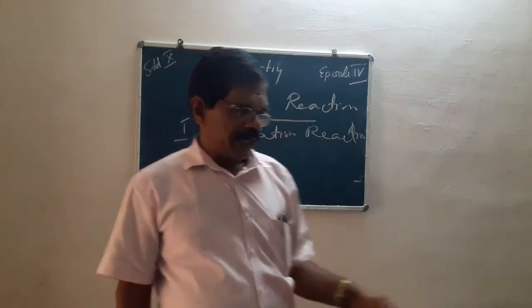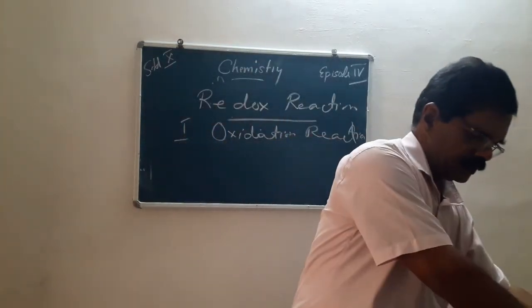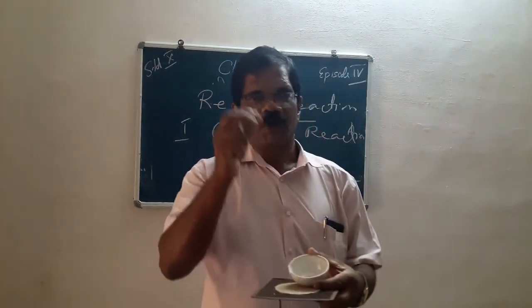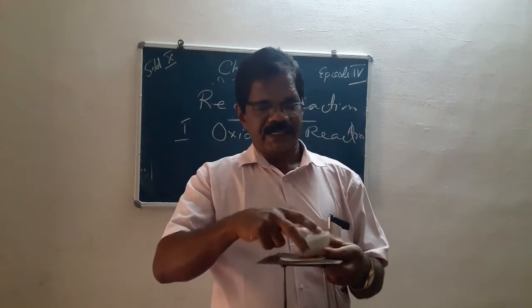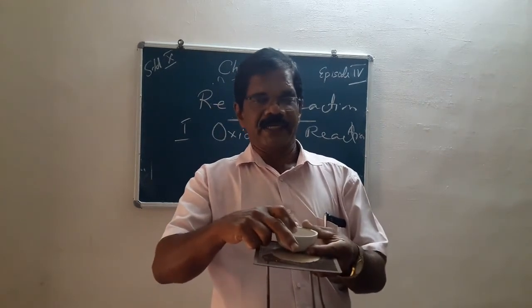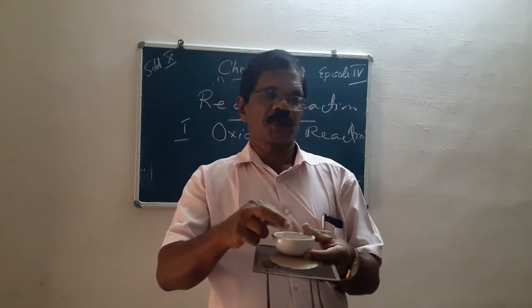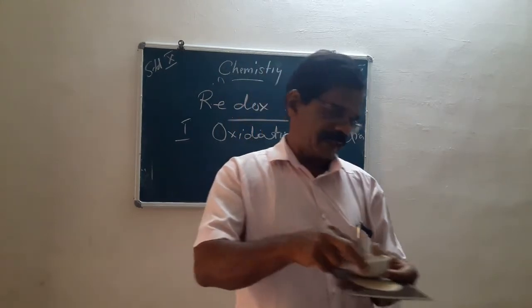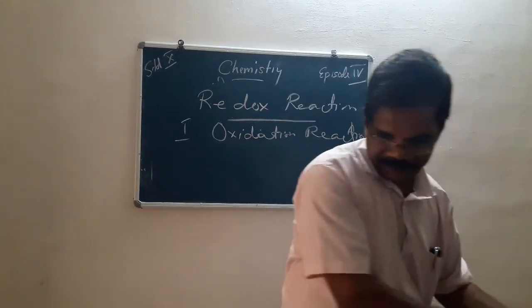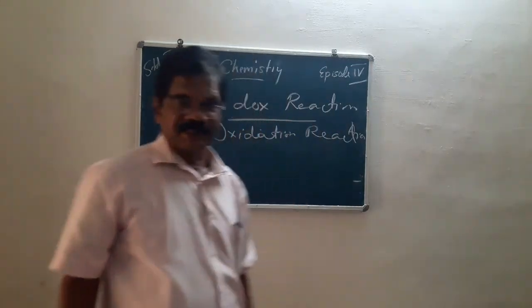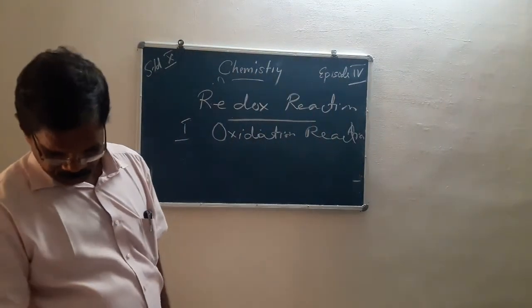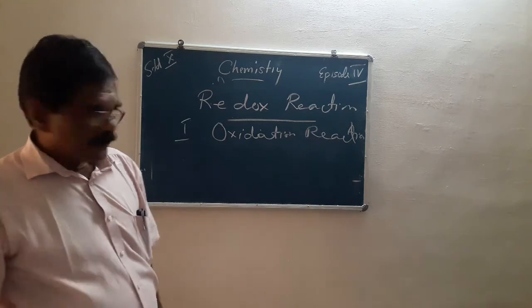In your text, an activity is given to you. Take some copper granules in a china dish and heat them. On heating for some time, these copper granules turn black. What happened there?